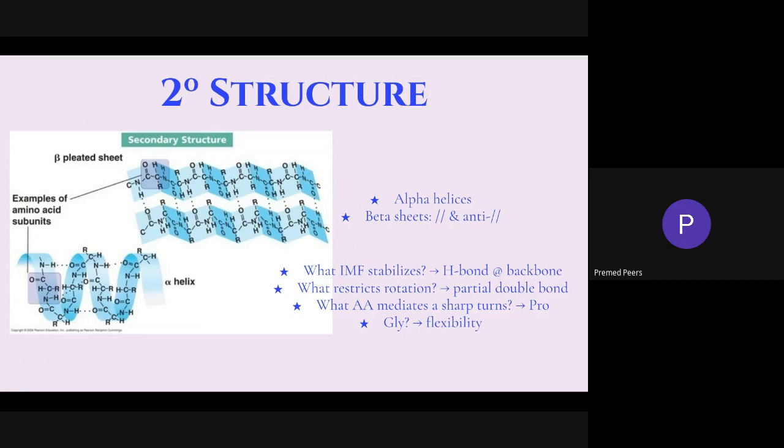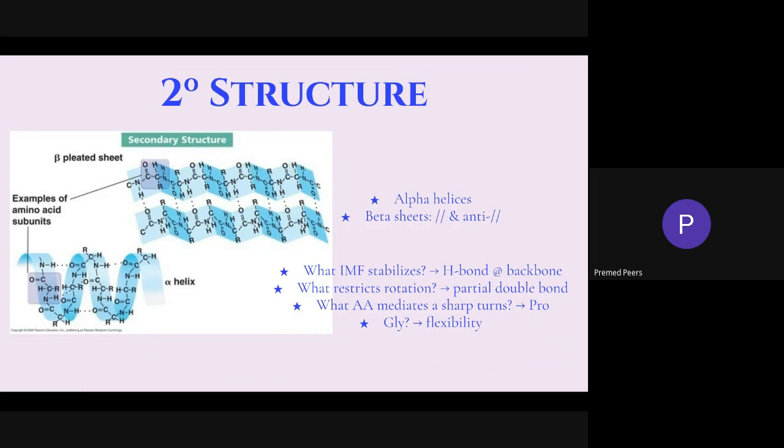That means it's not going to be a chain-like, more linear structure. So it is going to mediate a very sharp turn, if something is connecting adjacent chains of amino acids on a beta sheet. What kind of thing will give flexibility? It will be glycine. Think about how small the hydrogen is on the side chain of glycine. Then you can figure out everything.